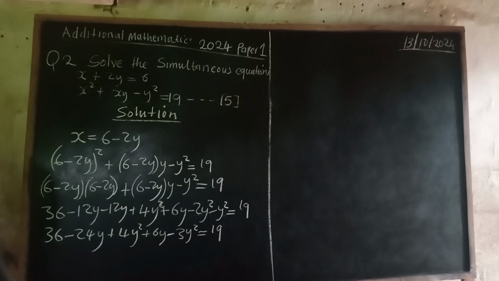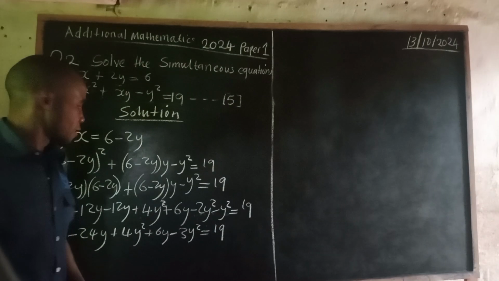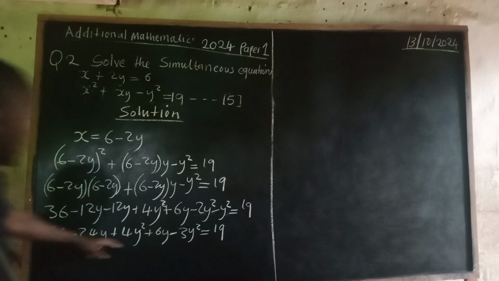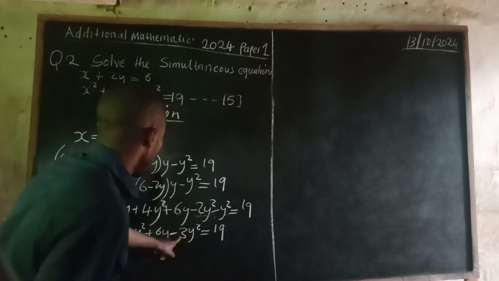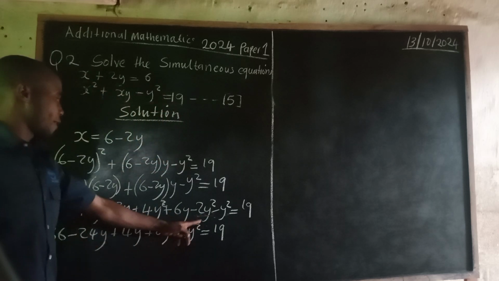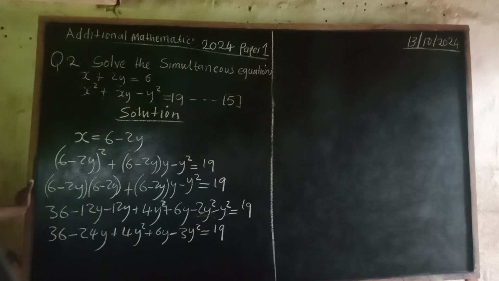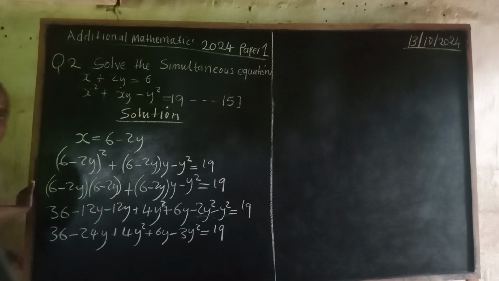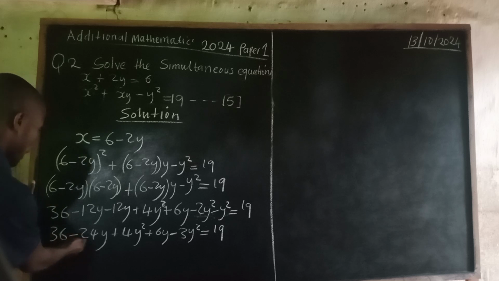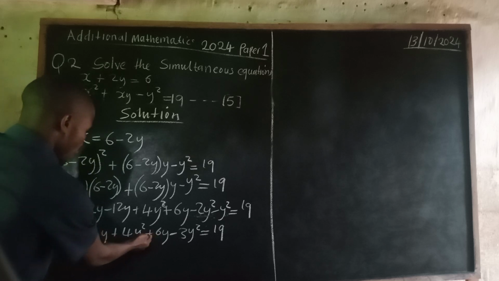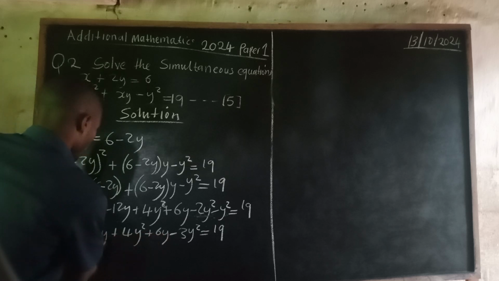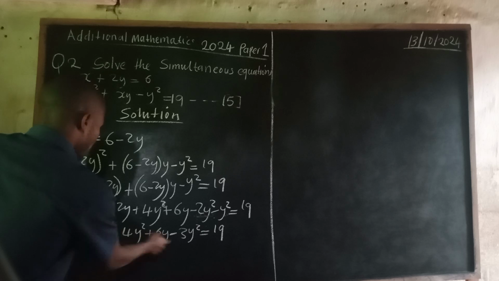So now we added this and came up with negative 3y squared equals 19. Again, we still have like terms here, if you can observe. We have negative 24y, we also have 6y here, so this can be simplified.